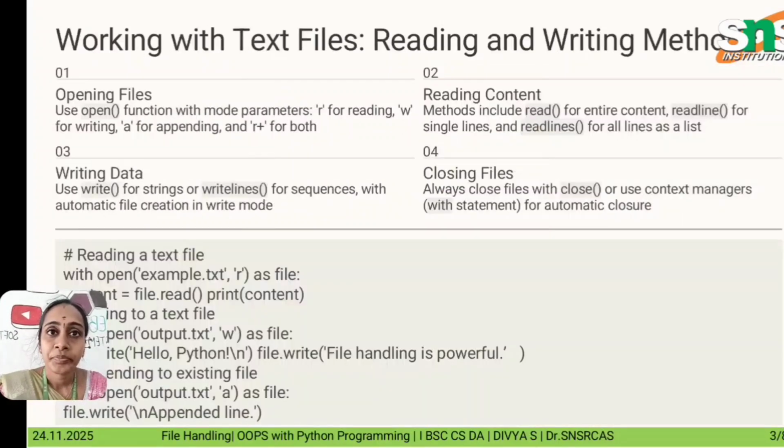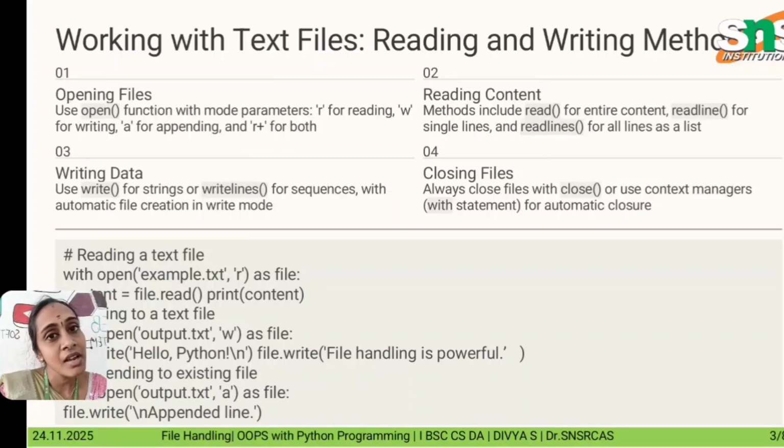here. So, working with text files, reading and writing methods. Opening the file: we open the file using the open() function with the mode parameters, r for reading, w for writing, a for appending and r+ for both. Reading content: the methods include read() for the entire content, readline() for single lines and readlines() for all the lines, listed here.